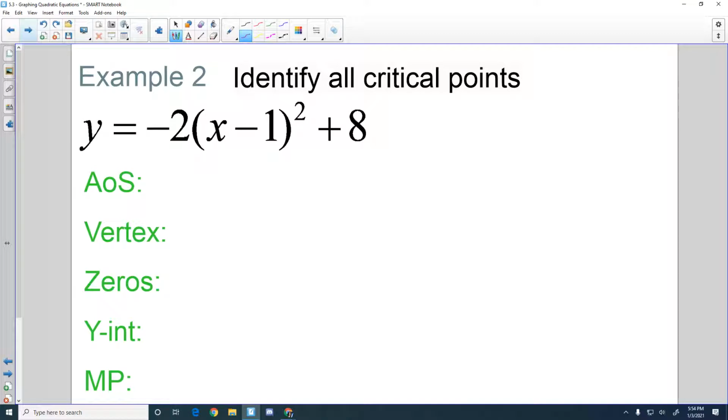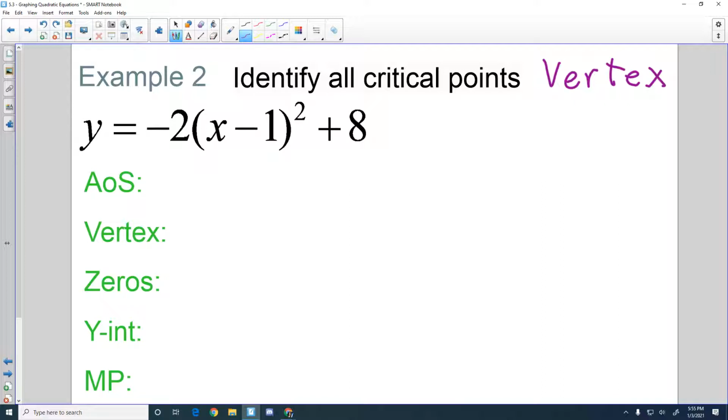All right. So I've got the equation y equals negative 2 times x minus 1 squared plus 8. And we need to identify all the critical points. So first off, which form is this in? Hopefully you can all recognize that this is in vertex form. So from that little table on the previous slide, we're using all those formulas in the middle column.